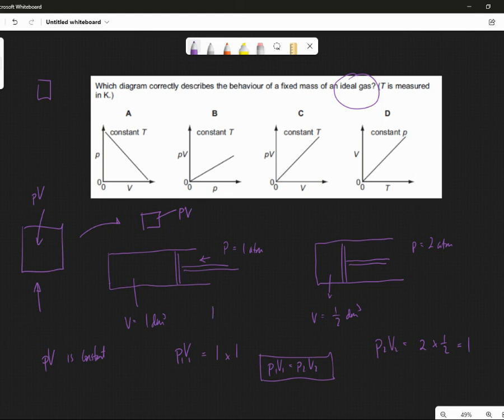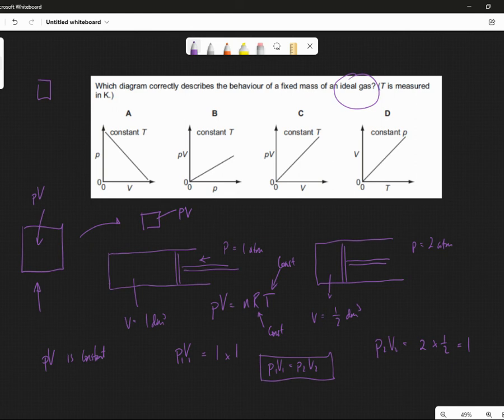Now, there's another way we can look at it. PV equals nRT. If the temperature is constant, this is a constant, and R is a constant. What's the only thing that makes PV change then? It's the number of moles of gas, n.